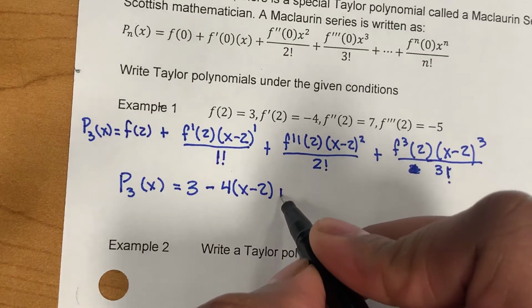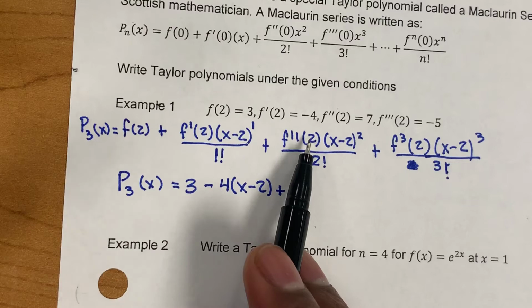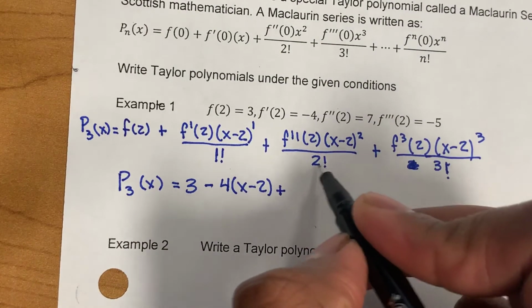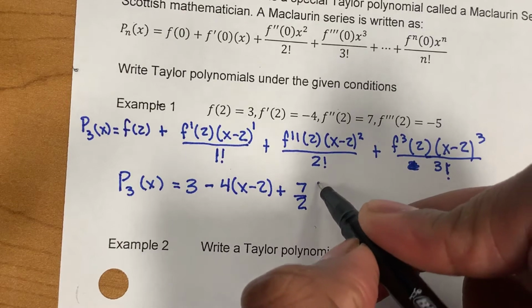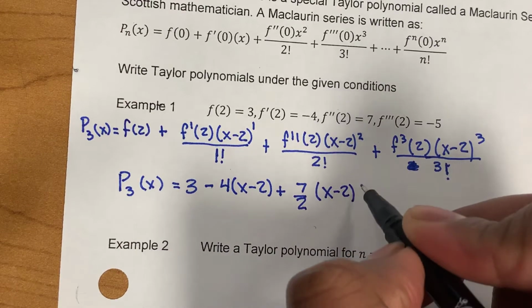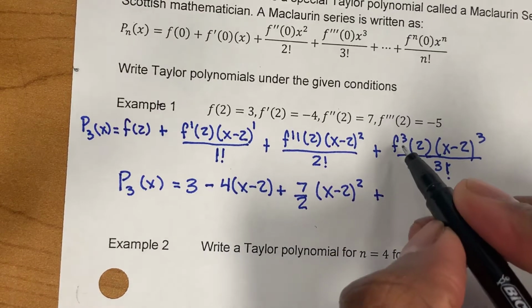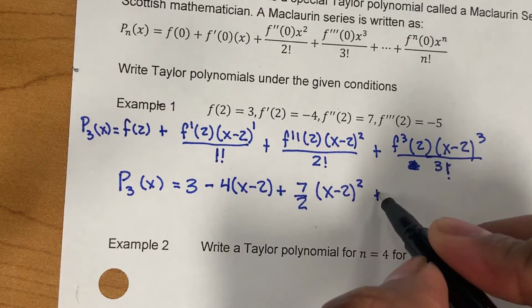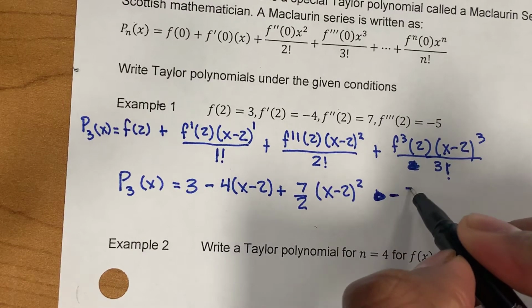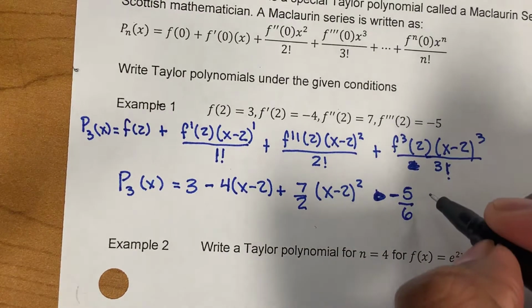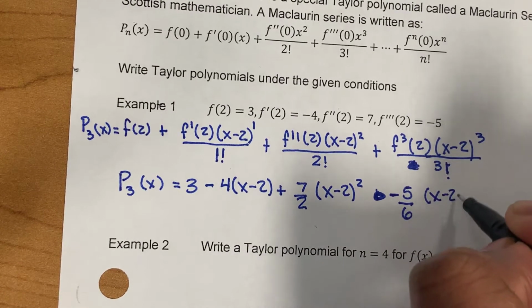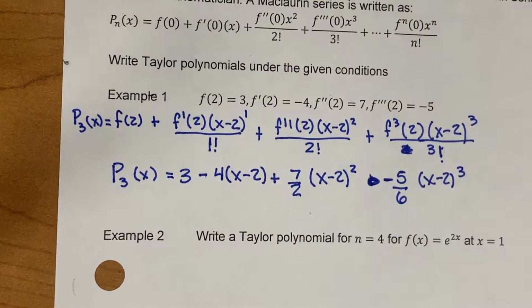Then plus f double prime of 2, which is 7, and 2 factorial is 2. So we'll have 7 halves times x minus 2 squared, plus the third derivative evaluated at 2, which is -5, and 3 factorial is 6.